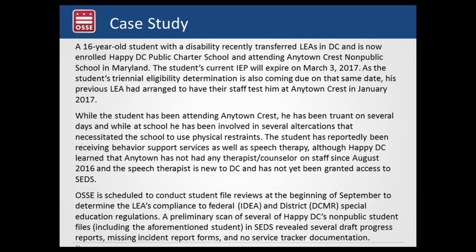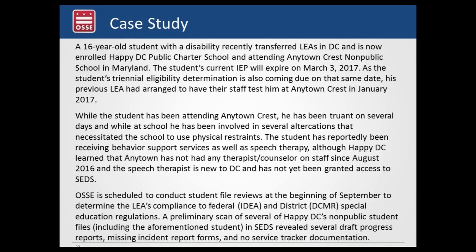The student's current IEP will expire on March 3rd, 2017, so in approximately 3.5 months. As the student's triennial eligibility determination is also coming due on that same day, his previous LEA had arranged to have the staff test the student at the non-public in January.